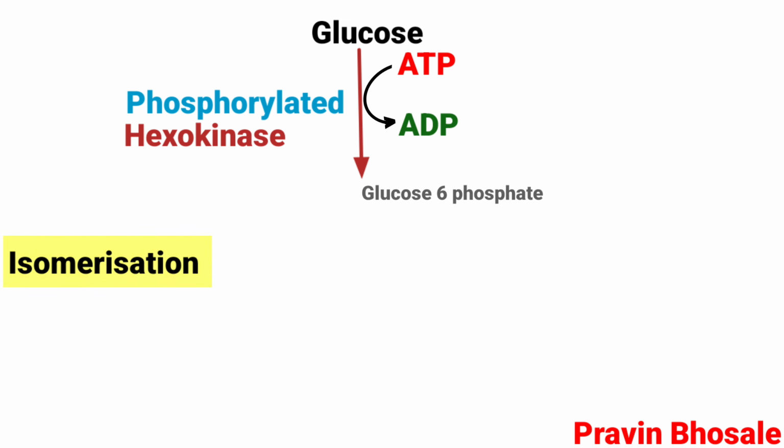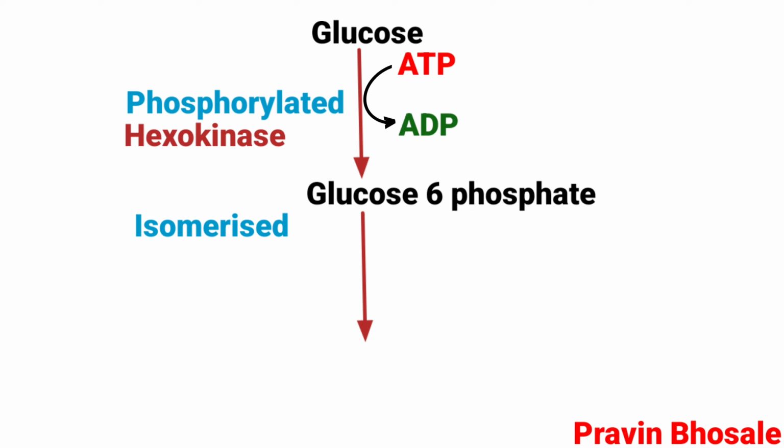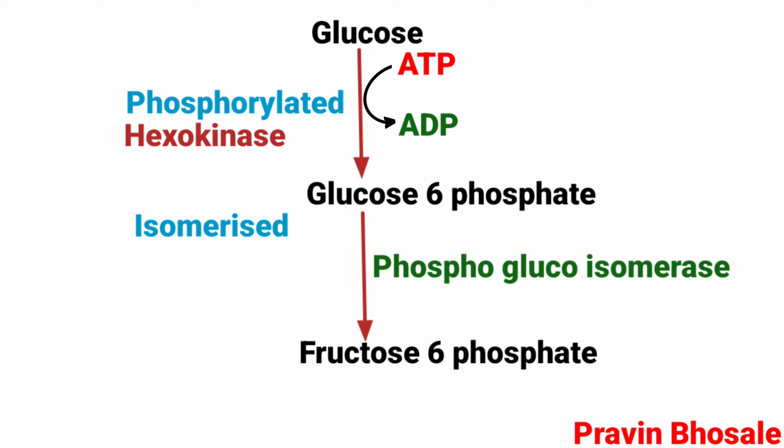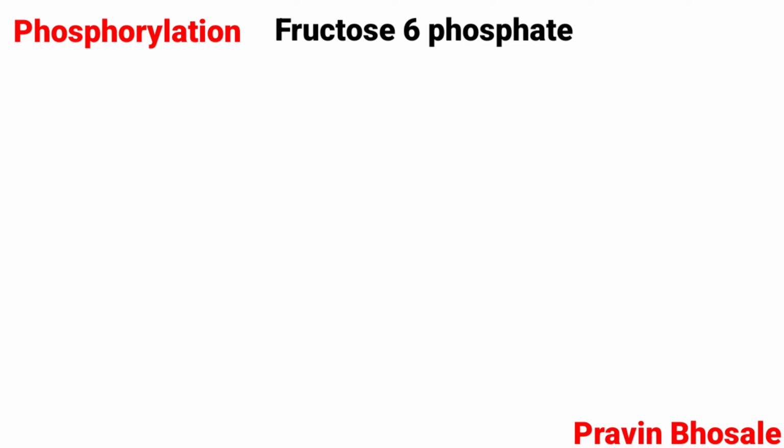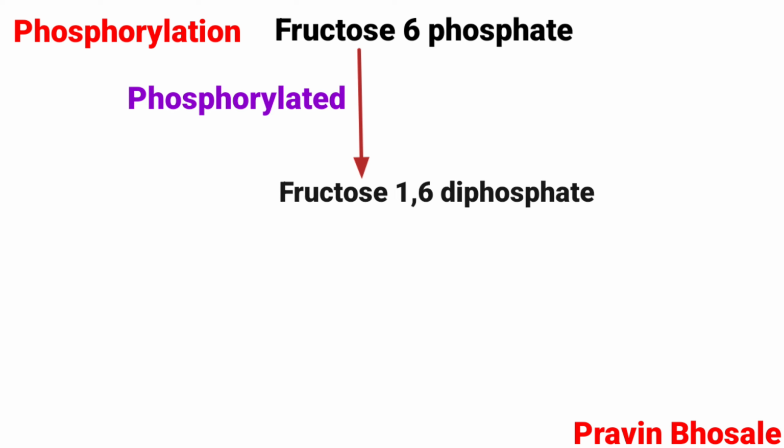Isomerization: glucose 6-phosphate gets isomerized to fructose 6-phosphate. The enzyme used here is phosphoglucoisomerase. Phosphorylation: fructose 6-phosphate gets phosphorylated to fructose 1,6-diphosphate.